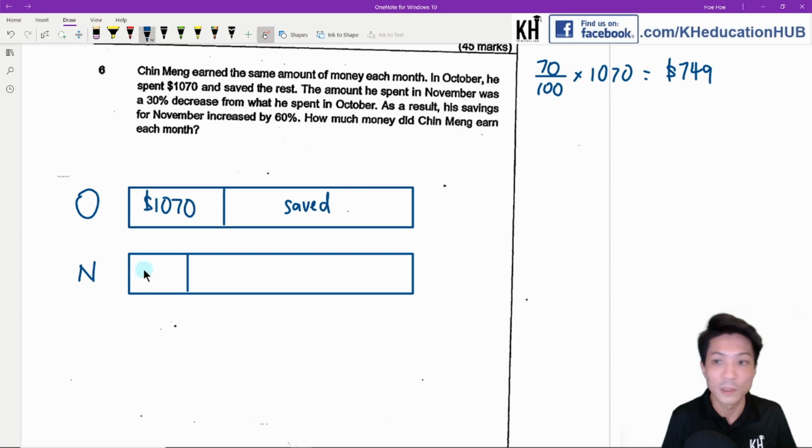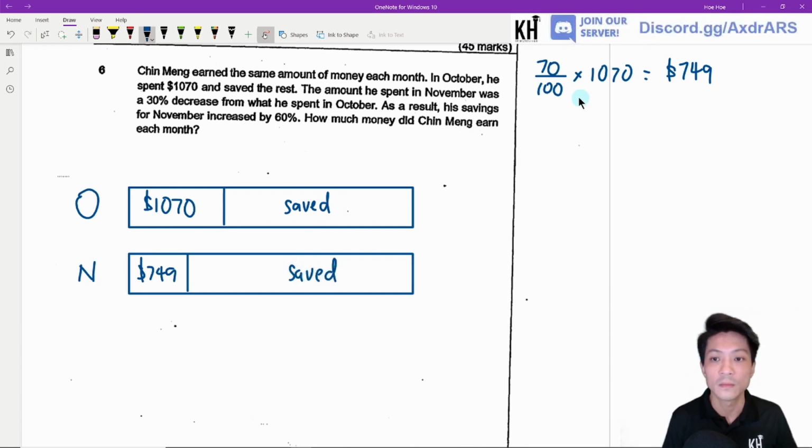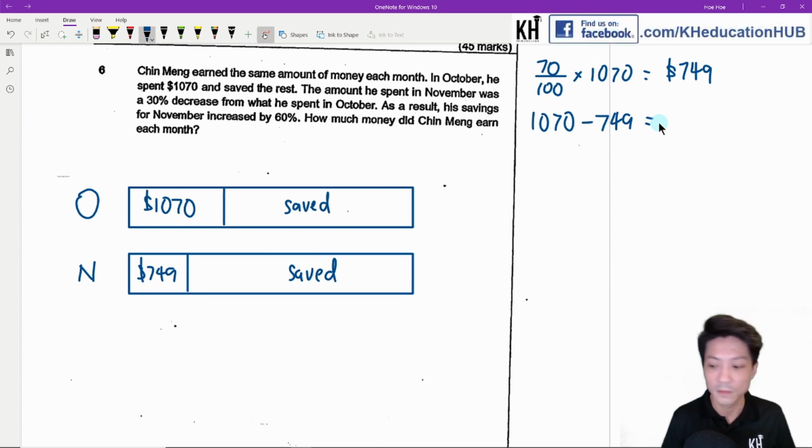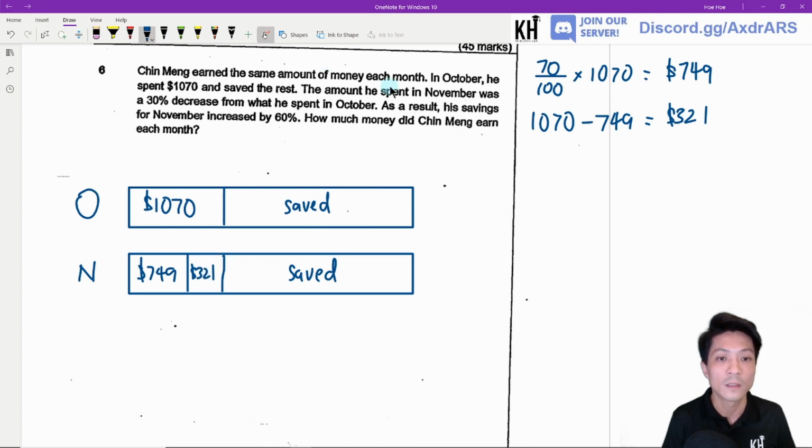I'm going to cut a block over here, which is 749. This part will be the saved. 1070 minus 749 will give me 321, which means that this part here is $321.